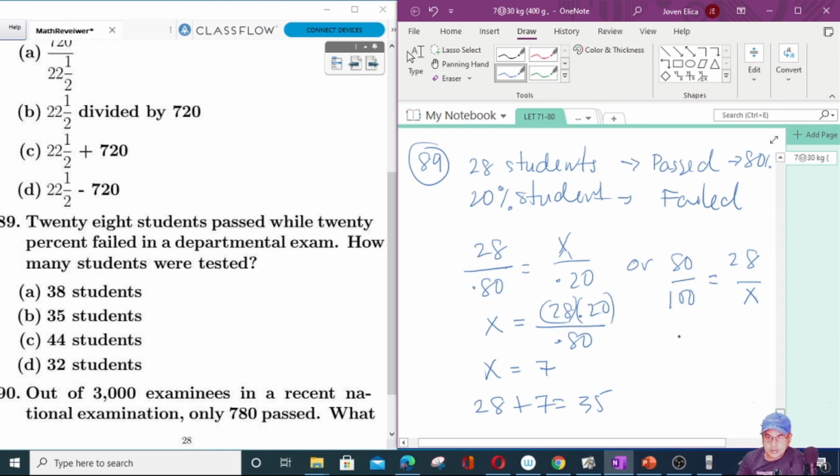So X is equal to 28 multiplied by 100 divided by 80. X is equal to 35.